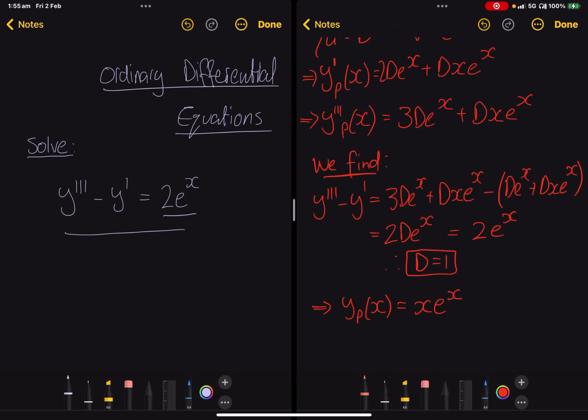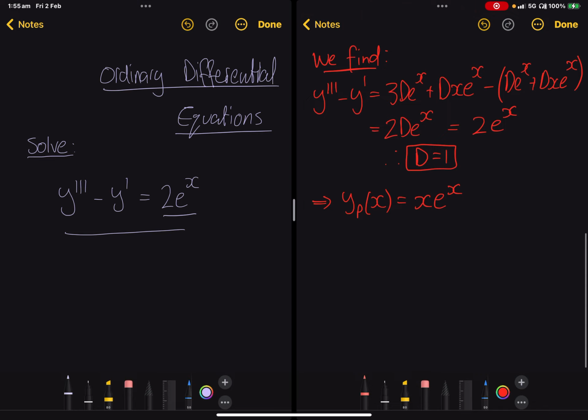Because we have all of this, we can now write our full solution. So the full solution is going to be the combination of both of them. We have y full of x is equal to some constant a plus b.